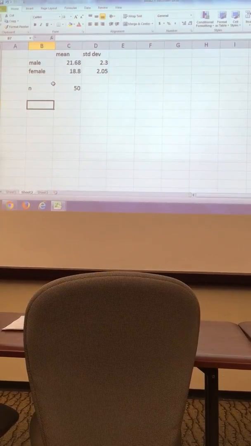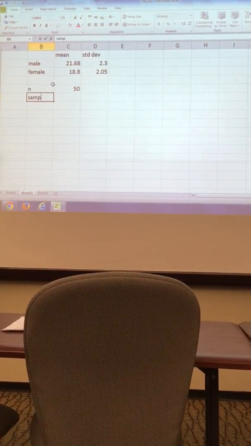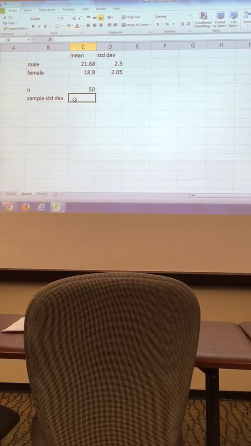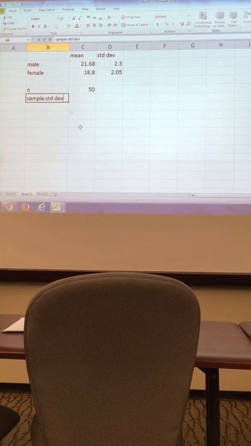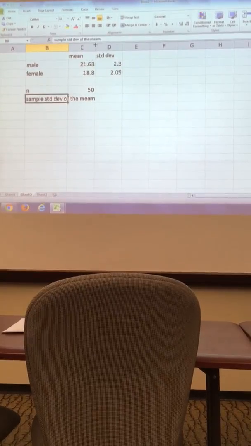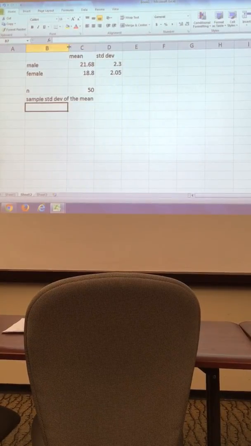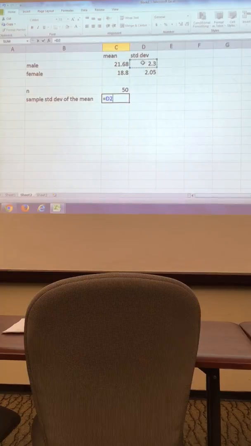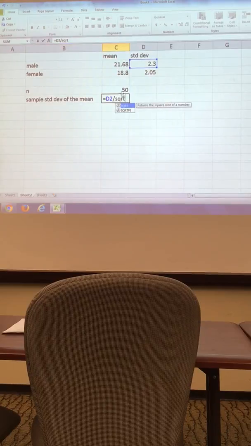Our sample is 50, which means our standard deviation of the sample mean is going to be equal to the standard deviation of our population divided by the square root of our sample size, which is 50 for this question.